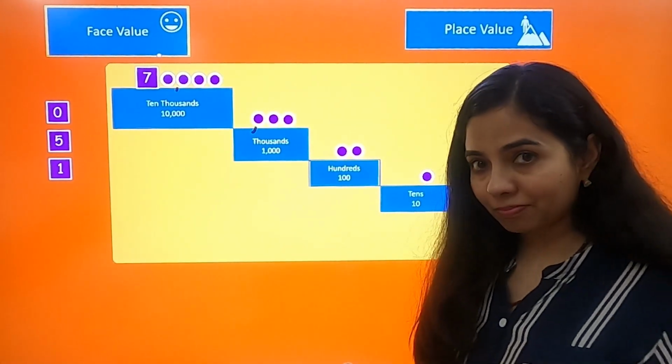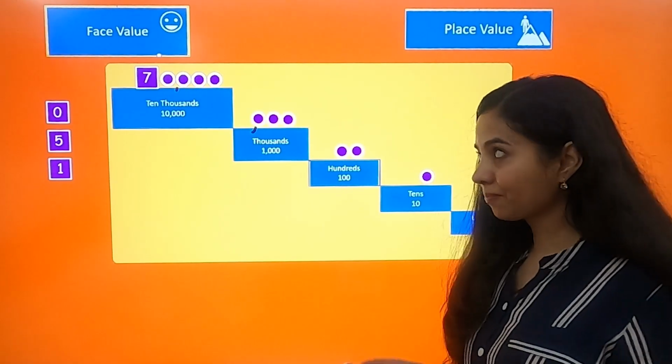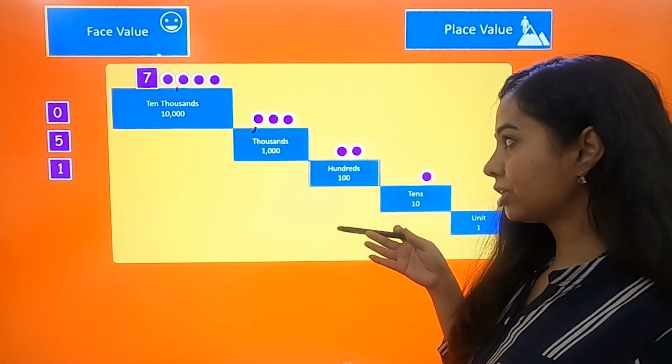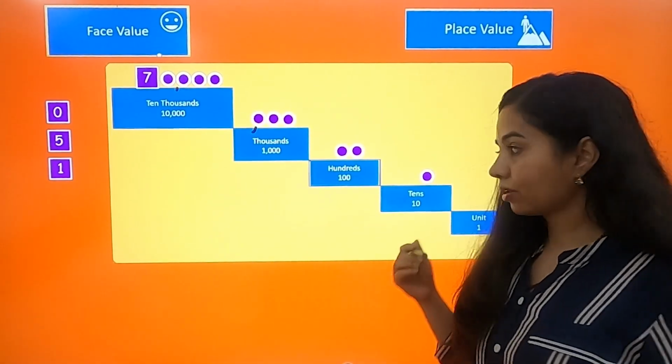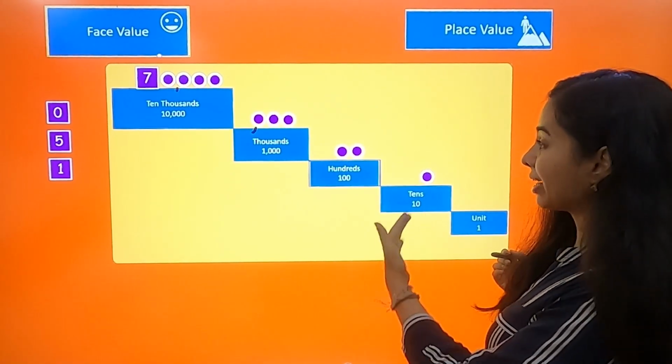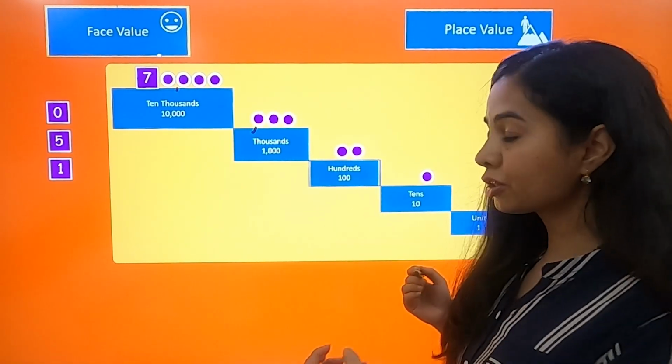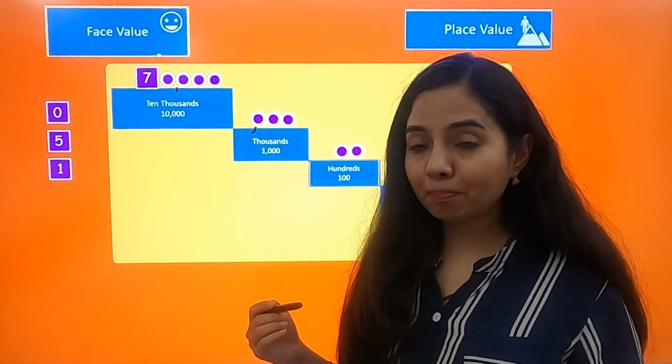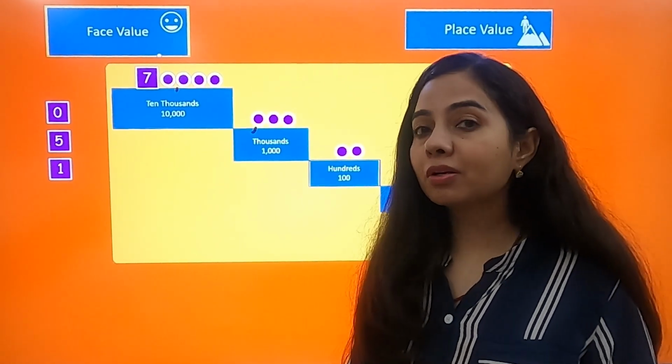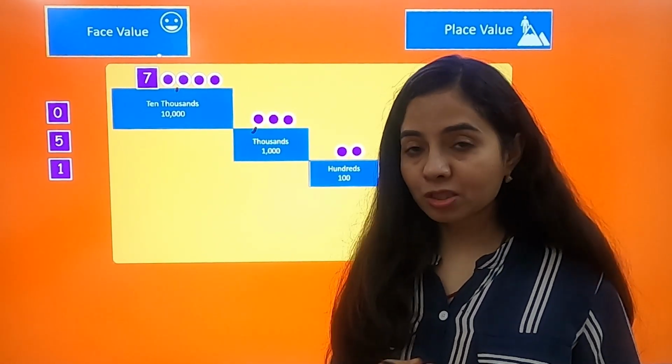So you must have noticed that the place value was changing continuously with respect to the place the digit is occupying in the number. But the face value was the same, constant throughout.